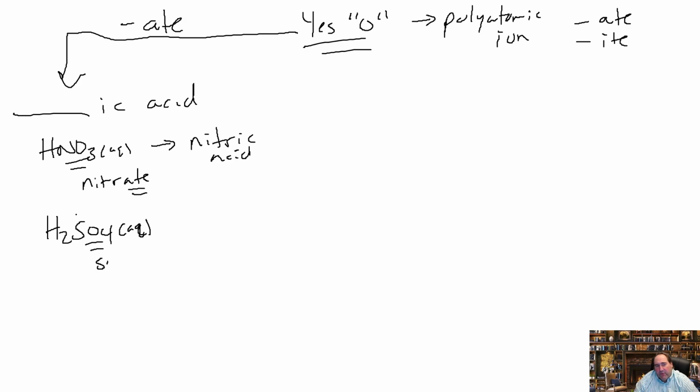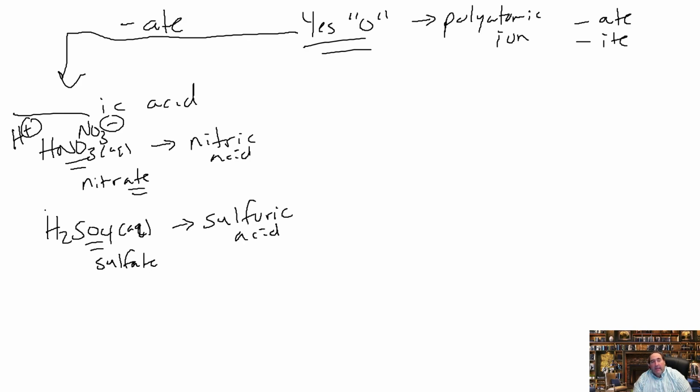SO4 is sulfate, which means this would be sulfuric acid. Why do I have two hydrogens there? Remember that the cation is always H plus for an acid. So this guy is H plus and NO3 minus, plus 1 and minus 1 equals 0.